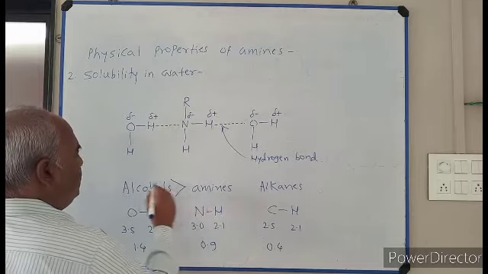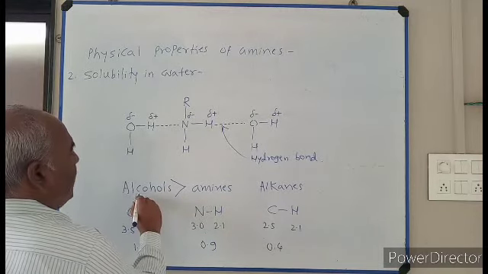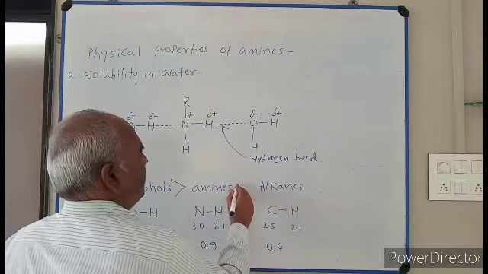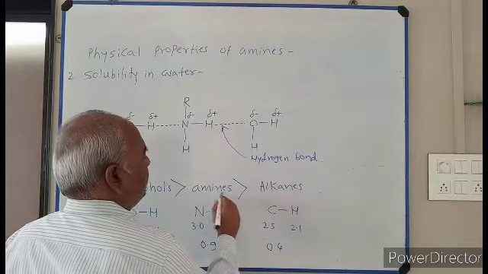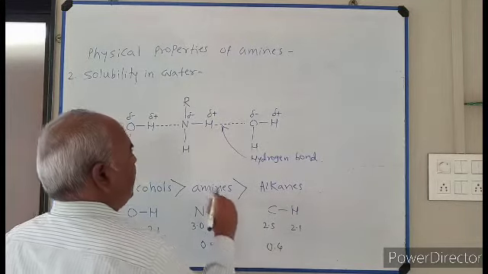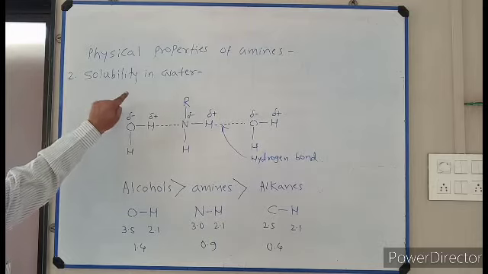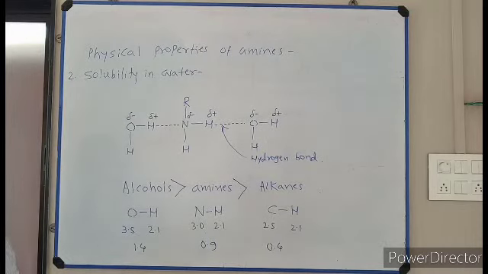Amines are less soluble in water as compared to alcohols. And alkanes are less soluble in water as compared to amines. So this is the second physical property of amines, that is, solubility in water.